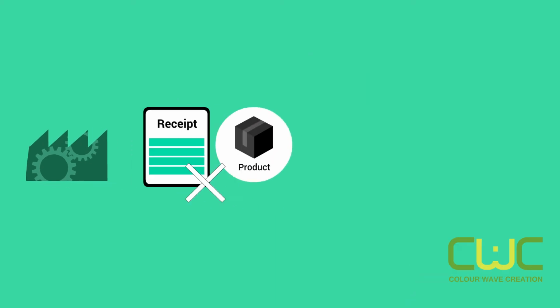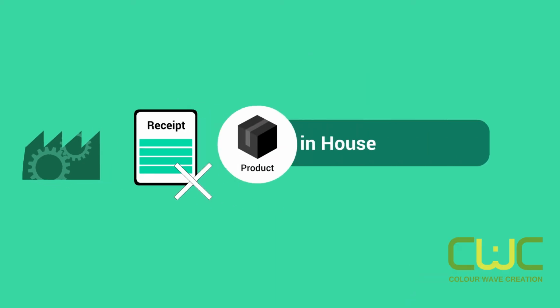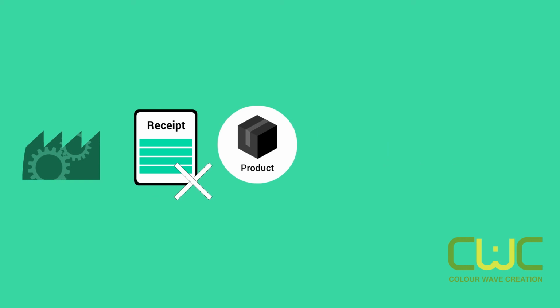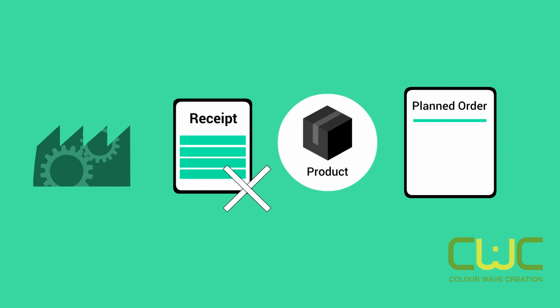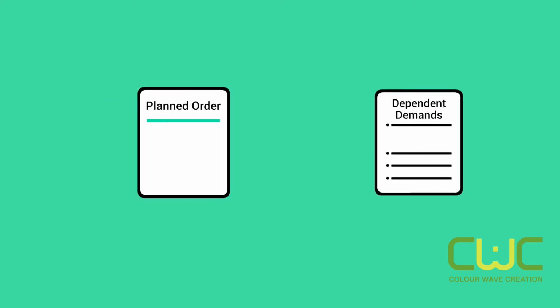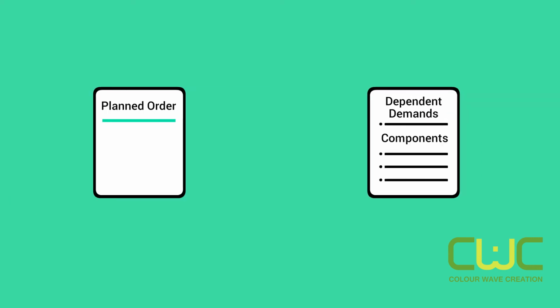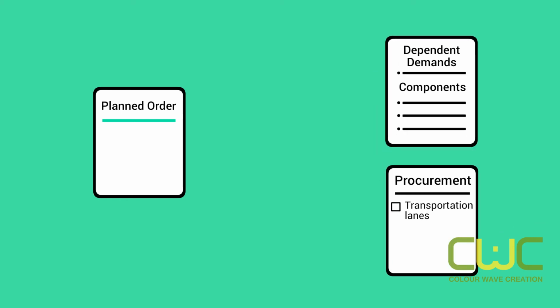If there are no receipt elements available at the plant and the product was produced in-house, then the SNP plan, Production Process Model, or PPM, or the PDS is exploded and a planned order is created for the finished product with dependent demands created for the components. The components are then procured using the possible transportation lanes and quota arrangements or priorities.